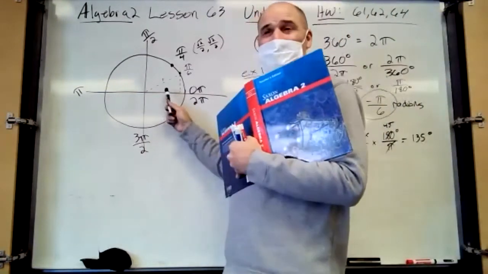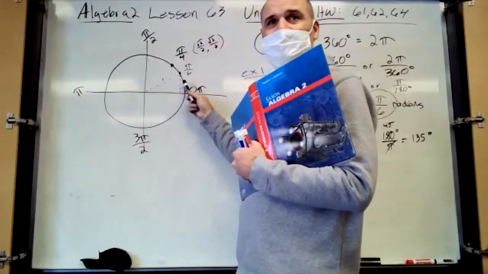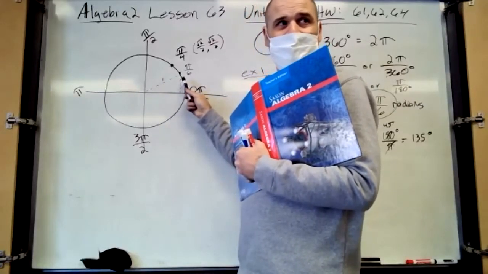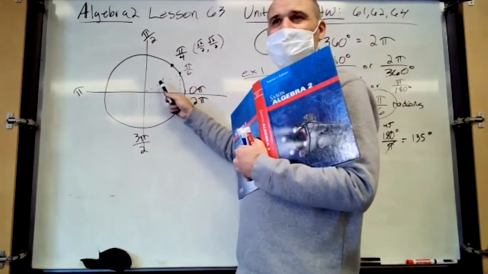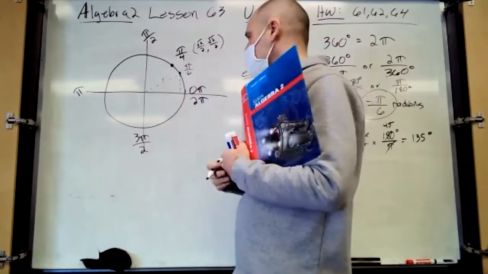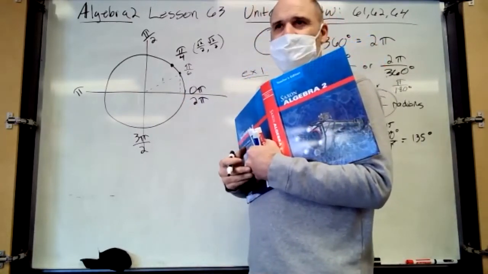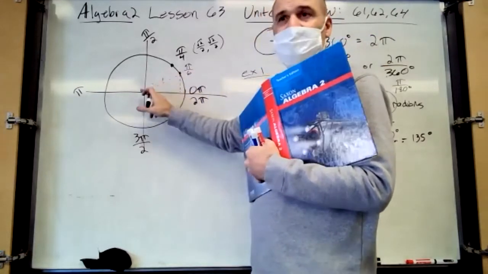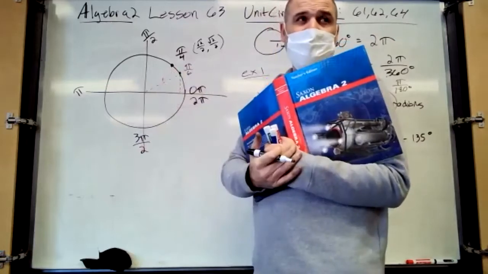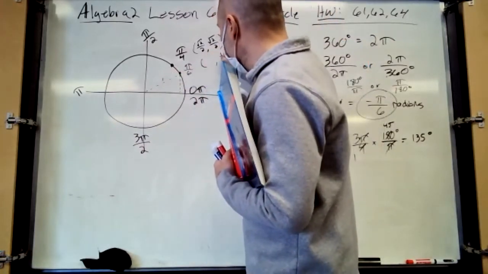So if this is 1, what's the short leg? The radius is 1, so the hypotenuse is 1. So what's the short leg? That's 1/2.